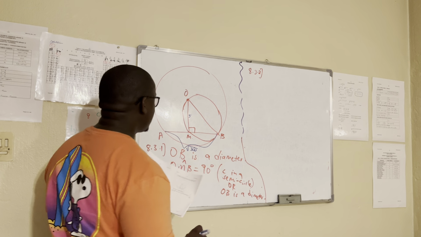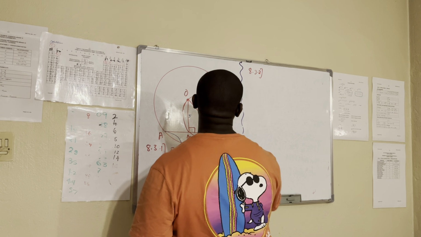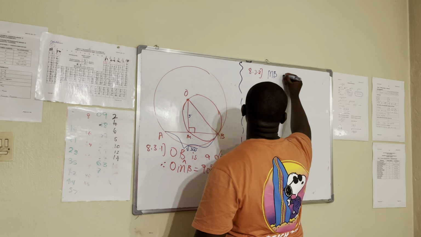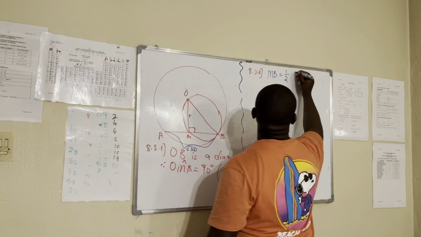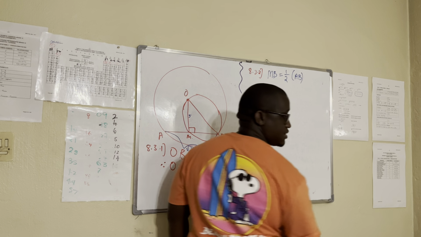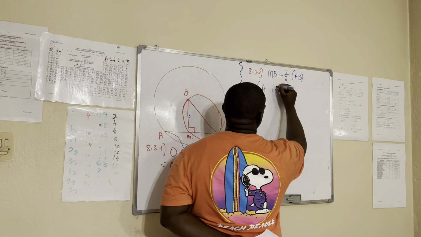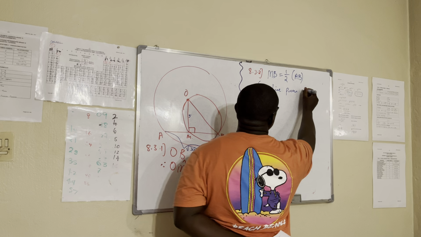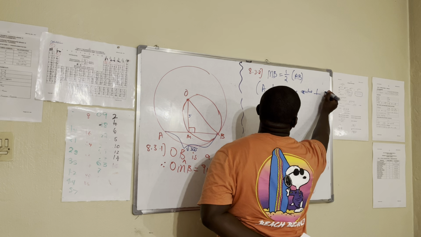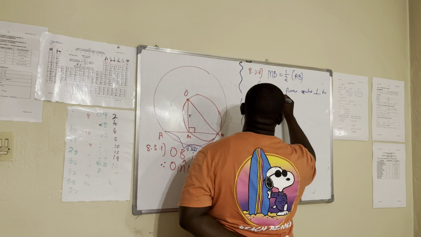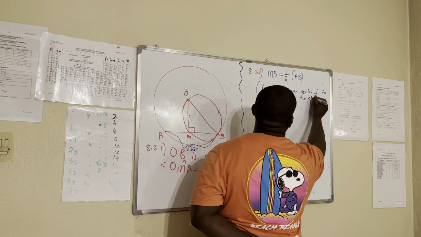Now, 8.3.2, we can start by saying MB is equal to 1/2 of AB. Do you agree? Reason: a line from the center perpendicular to the chord bisects the chord.